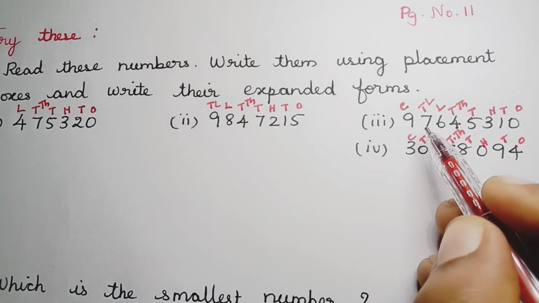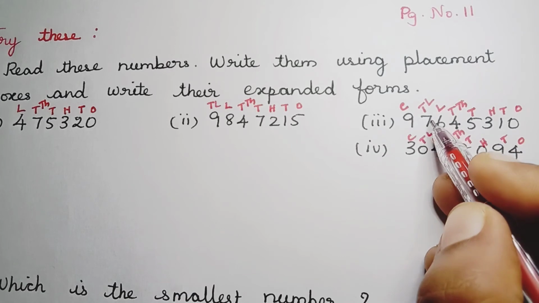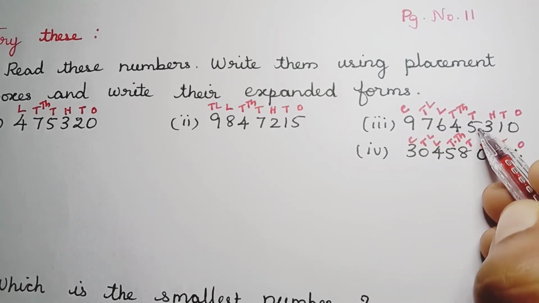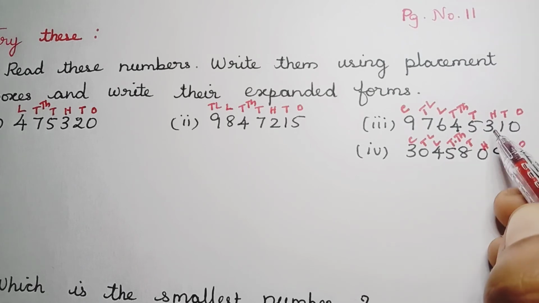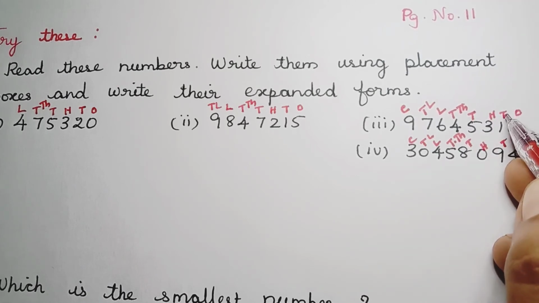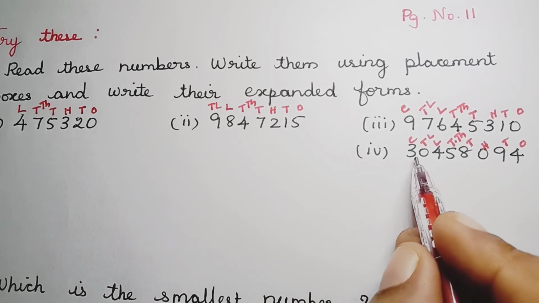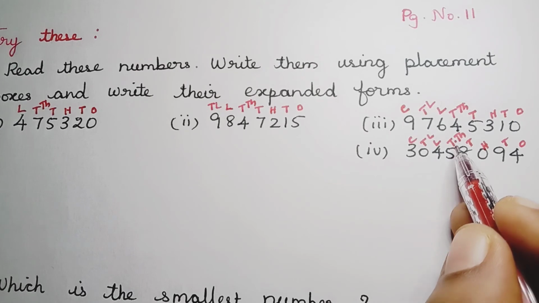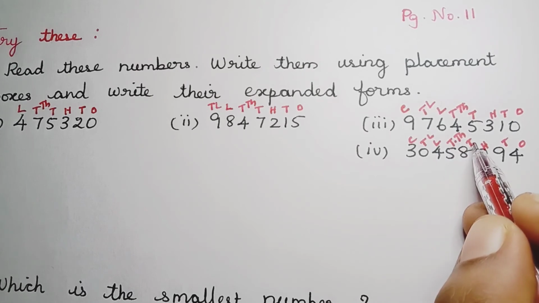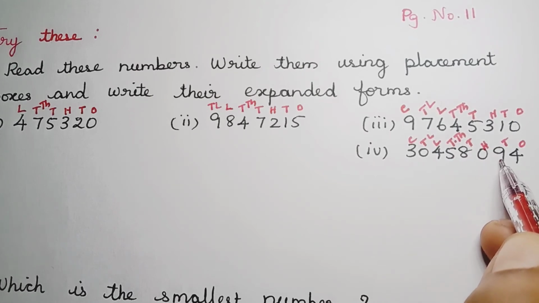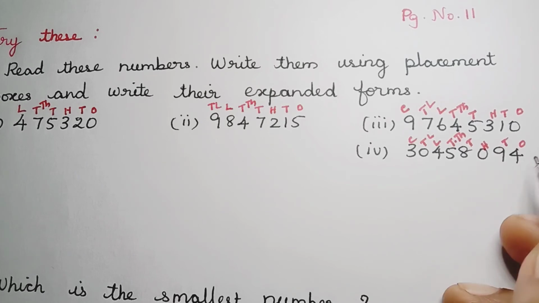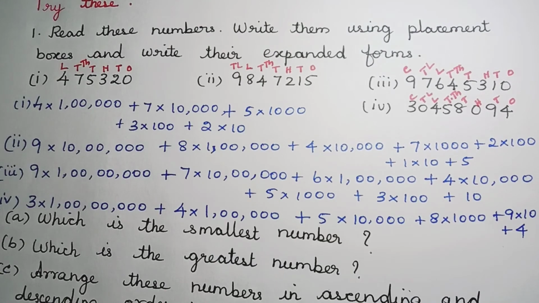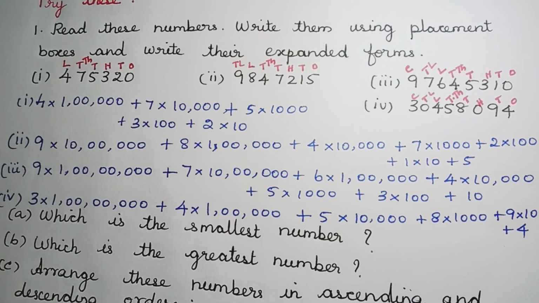How will you expand this? 9 into 1 crore plus 7 into 10 lakhs plus 6 into lakhs plus 4 into 10,000 plus 5 into 1000 plus 3 into 100 plus 1 into 10. How will you expand this? 3 into crores plus 4 into lakhs plus 5 into 10,000 plus 8 into 1000 plus 9 into 10 plus 4. I have written the answers for you here, so if you want, you can copy them down.